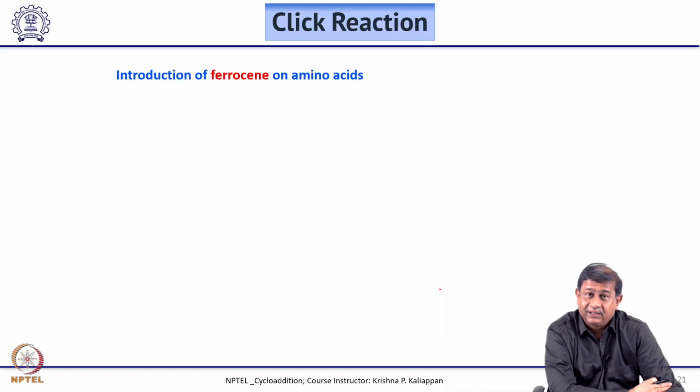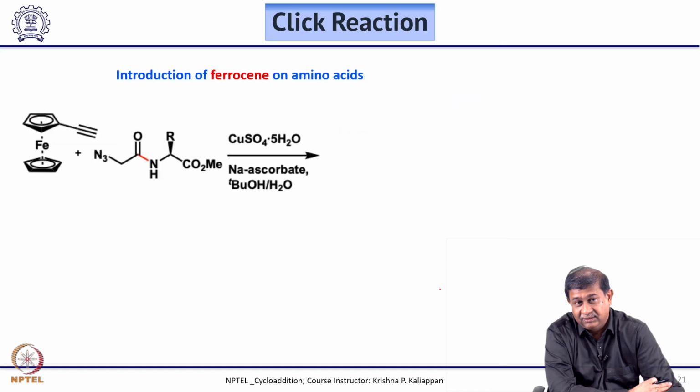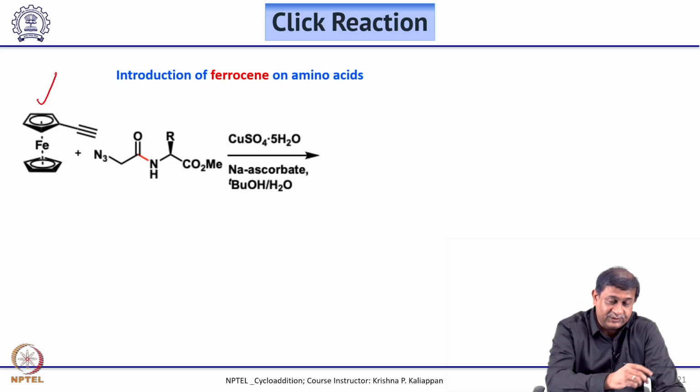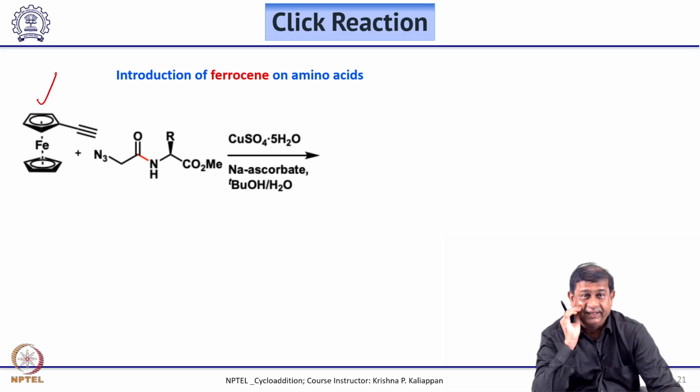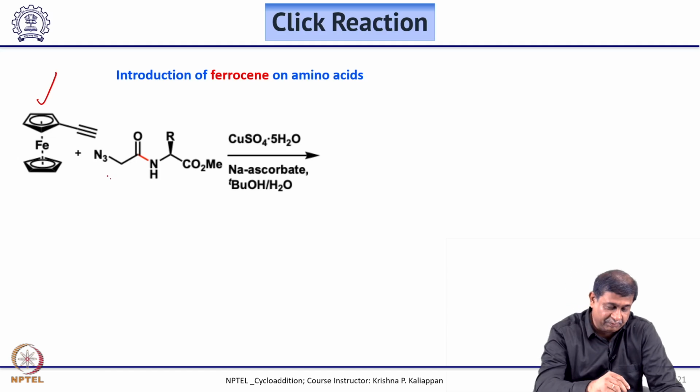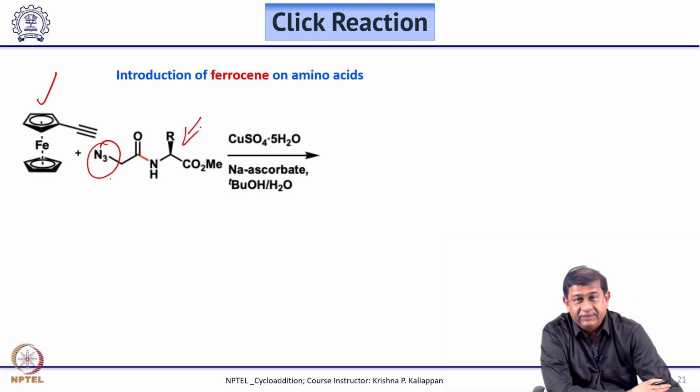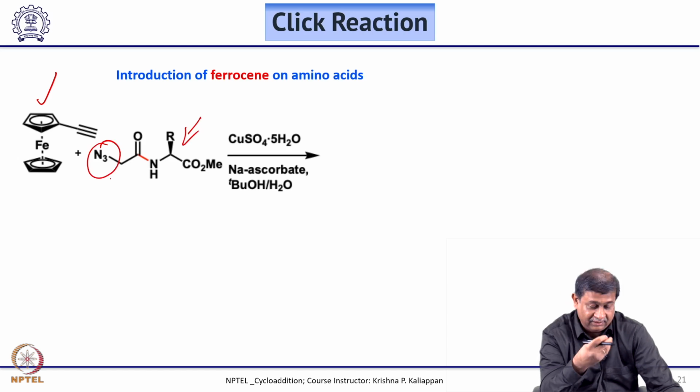Can you introduce organometallic group in the click chemistry? Yes. For example, if you start with ferrocene having an alkyne, so now this alkyne can undergo a click chemistry with this type of azides, and you can see this azide is derived from an amino acid. Okay. So earlier we saw click chemistry on carbohydrates, now you can see click chemistry on amino acid.